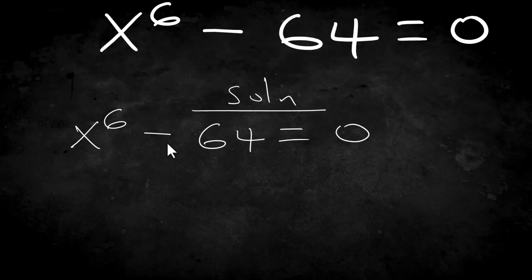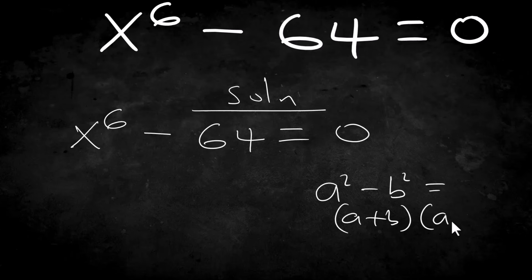Now, because of this minus, let's try and adjust this so that we get a difference of 2 squares here. Now remember, a squared minus b squared is the same as (a plus b)(a minus b).